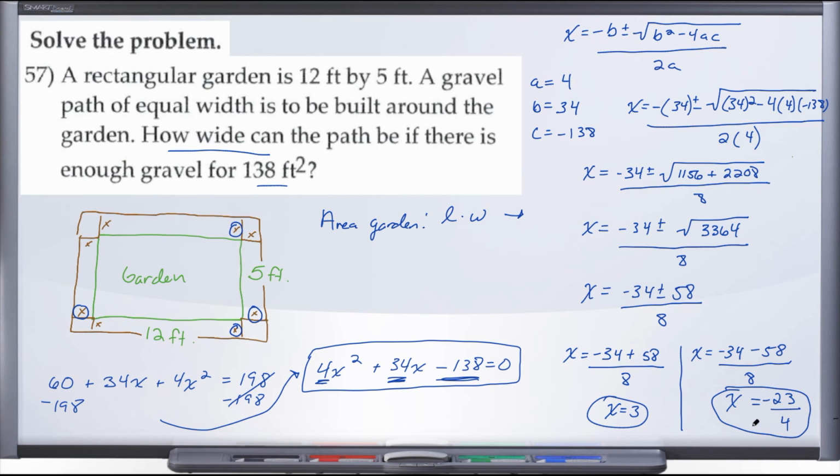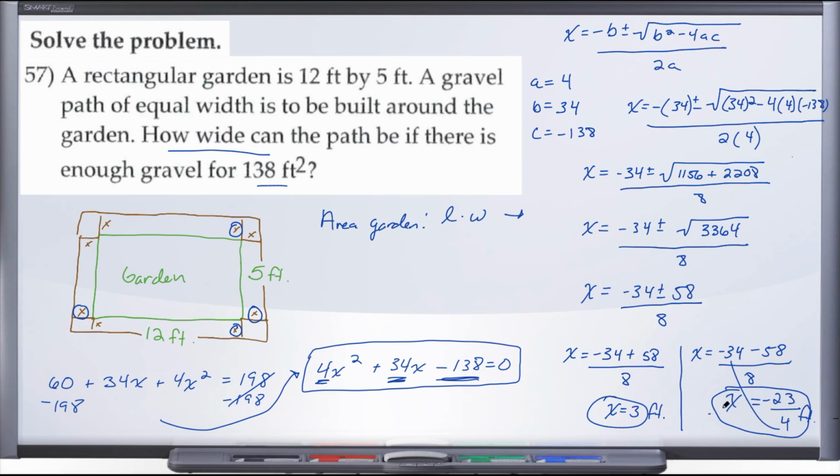All right, well, again, we're trying to solve for the width of a path, a walkway. So we're talking about dimensions, distance, how wide something is. Can we have a negative distance? Can a sidewalk or a hallway be negative 23 over 4? And these are really in feet, aren't they? That's the unit we were working with.